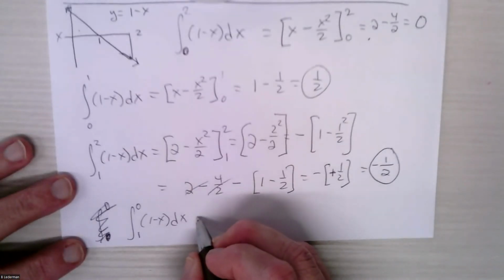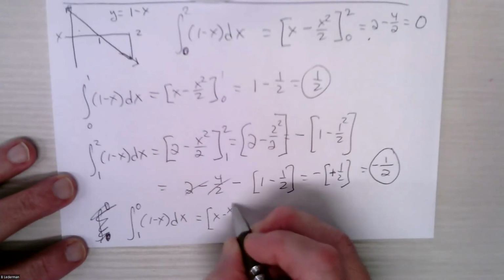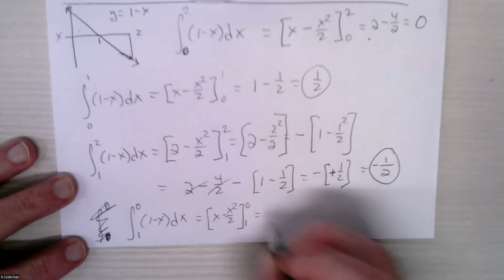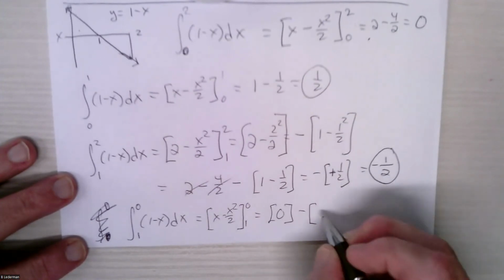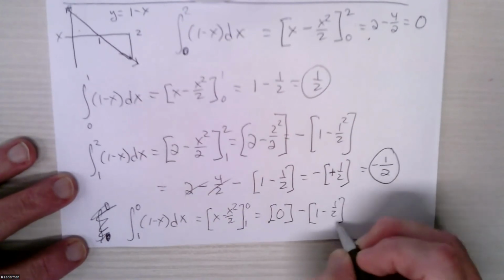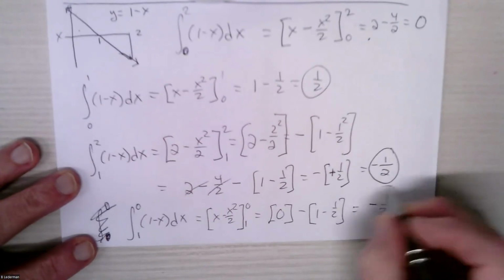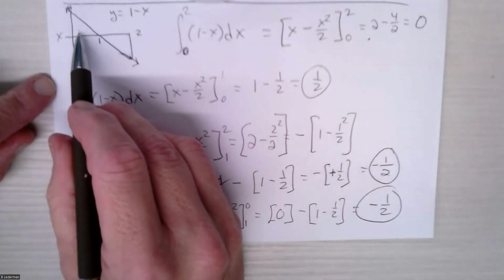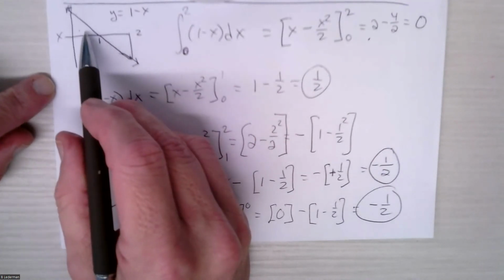The antiderivative never changes, and evaluating it from 0 to 1 gives 0 minus 1 minus 1/2, which is negative 1/2. So if I do the top triangle in the usual, positive direction, I get a positive 1/2.